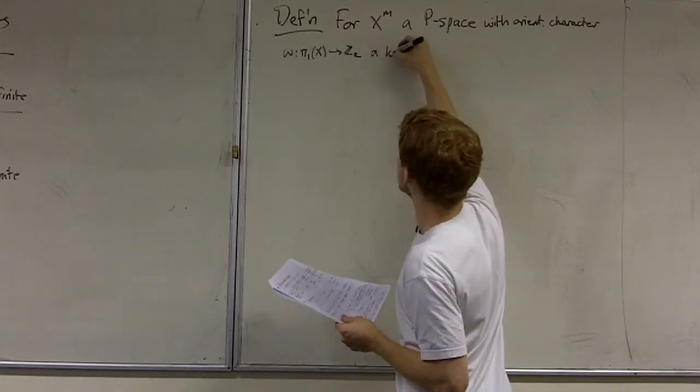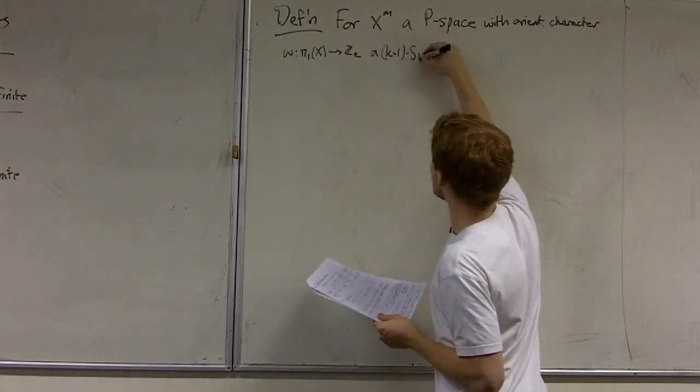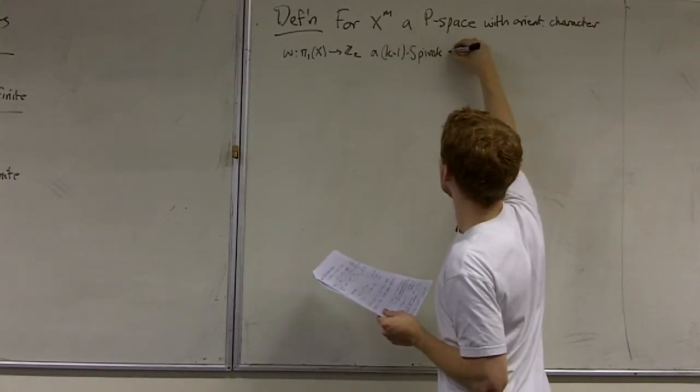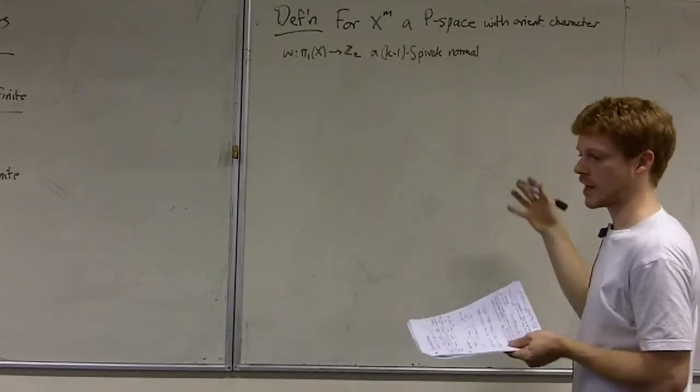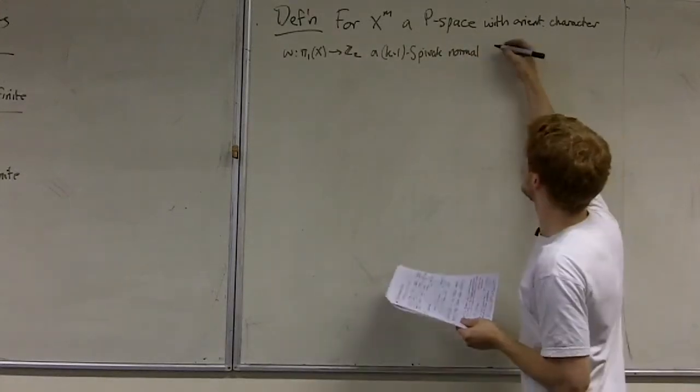Okay, so a K-1 Spivak normal structure. This is going to be the analog of the sphere bundle of a K-1 normal bundle.